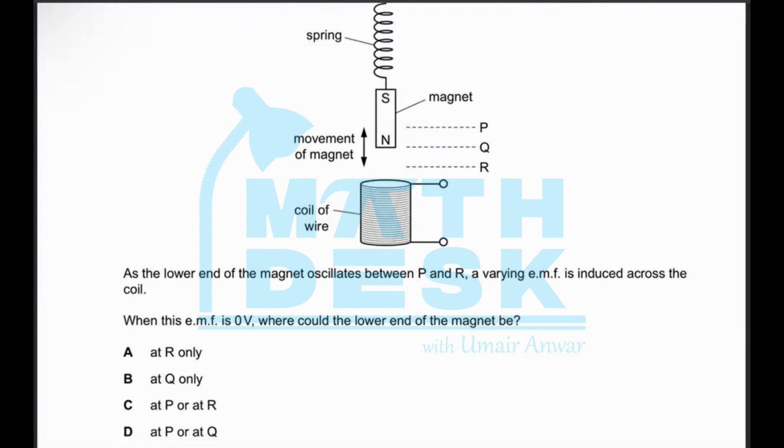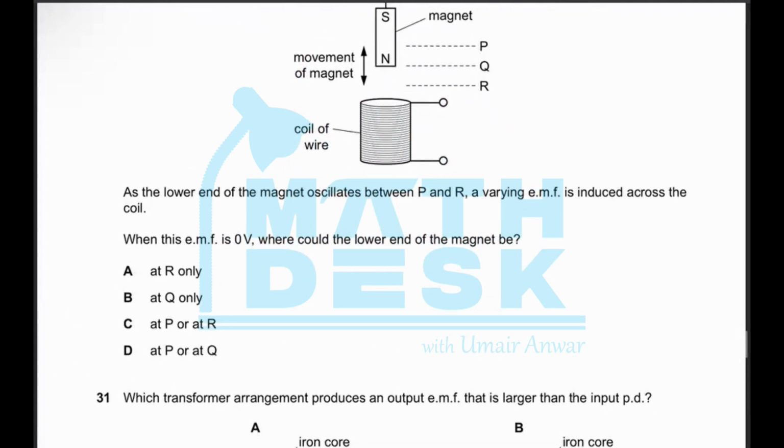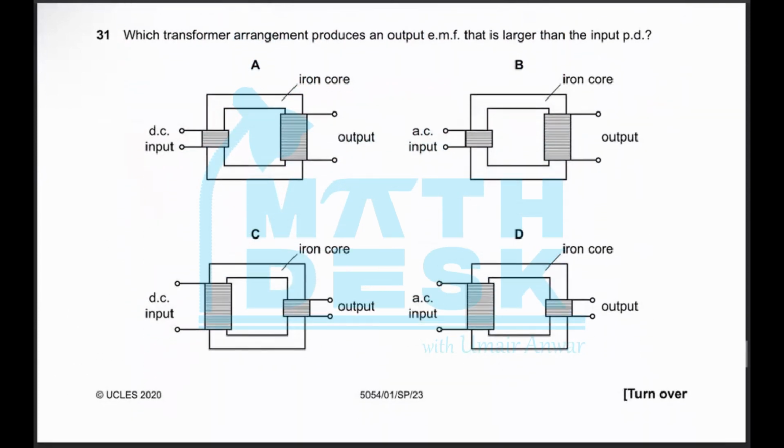When it stops for a moment, the EMF induced because of this magnet becomes 0, because there is no relative movement of the coil and the magnet for that particular moment when the magnet was stopped. So out of the given options, we can say that at P or at R, the EMF would have the value of 0 volts.